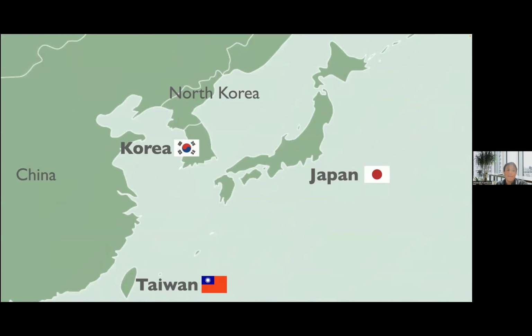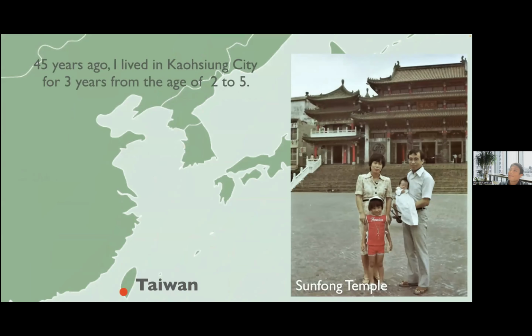Taiwan, along with South Korea, is Japan's closest neighboring country, and it holds a special place in my heart. That's because 45 years ago, I lived in Kaohsiung City for 3 years from the age of 2 to 5. I was very young, so I have very few memories of living in Taiwan.